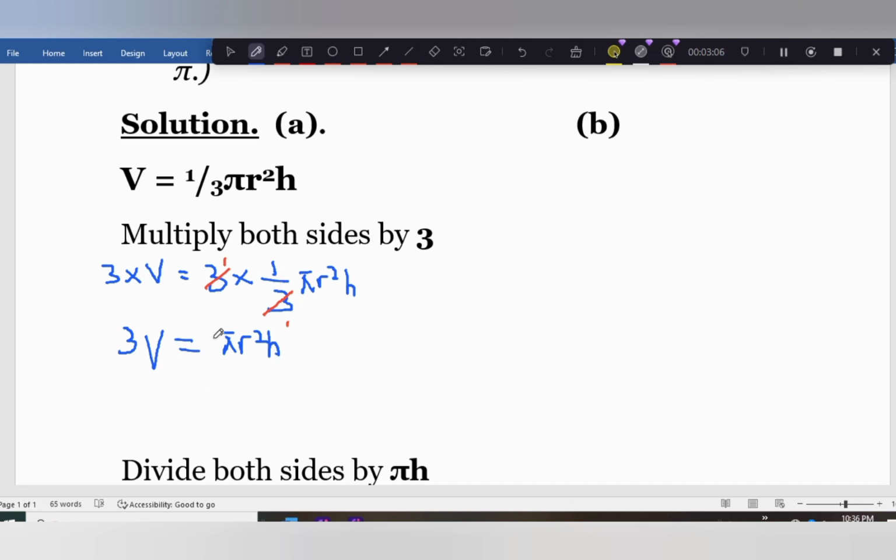So we divide both sides by pi h like this: 3V divided by pi h is equal to pi r squared h divided also by pi h.